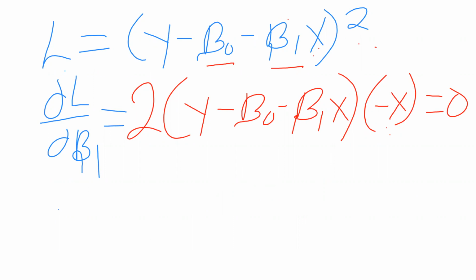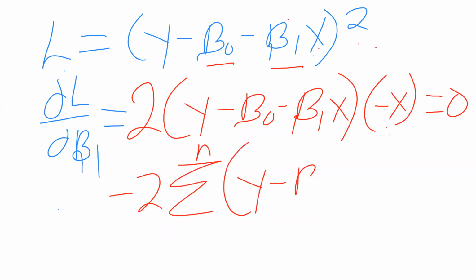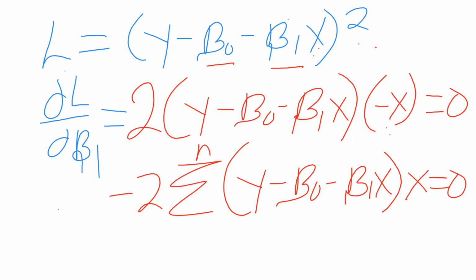So from here, you know that you can have negative 2 times the summation over n of y minus beta naught minus beta 1 x, times x, is equal to 0. We have just gotten negative 1 times 2, which is negative 2, right?